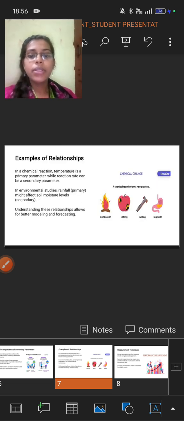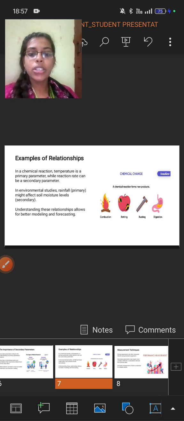For example, of relationships. In a chemical reaction, temperature is a primary parameter while the reaction rate can be a secondary parameter. In environmental studies, rainfall as a primary parameter might affect soil moisture levels as a secondary parameter.